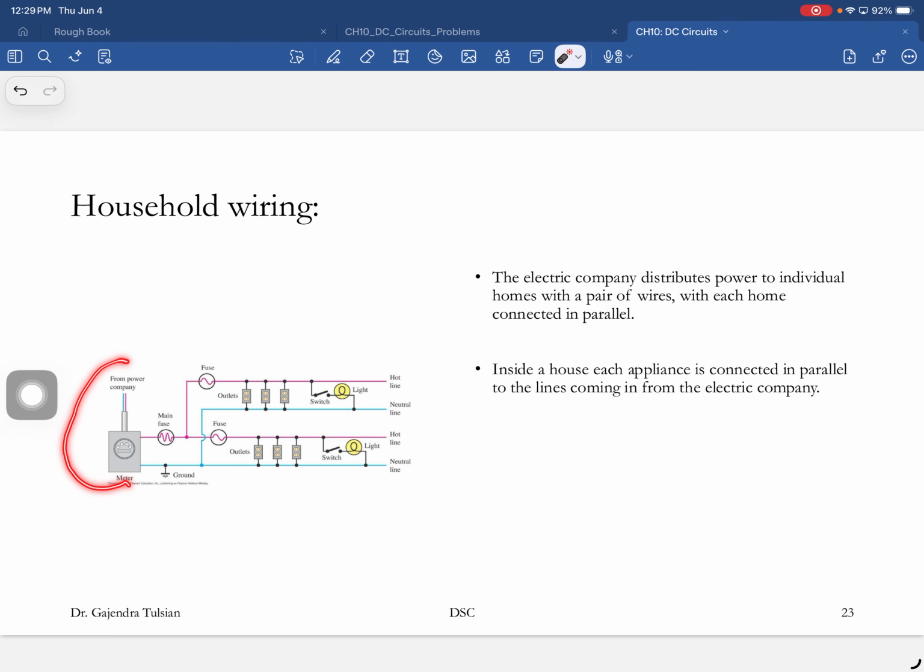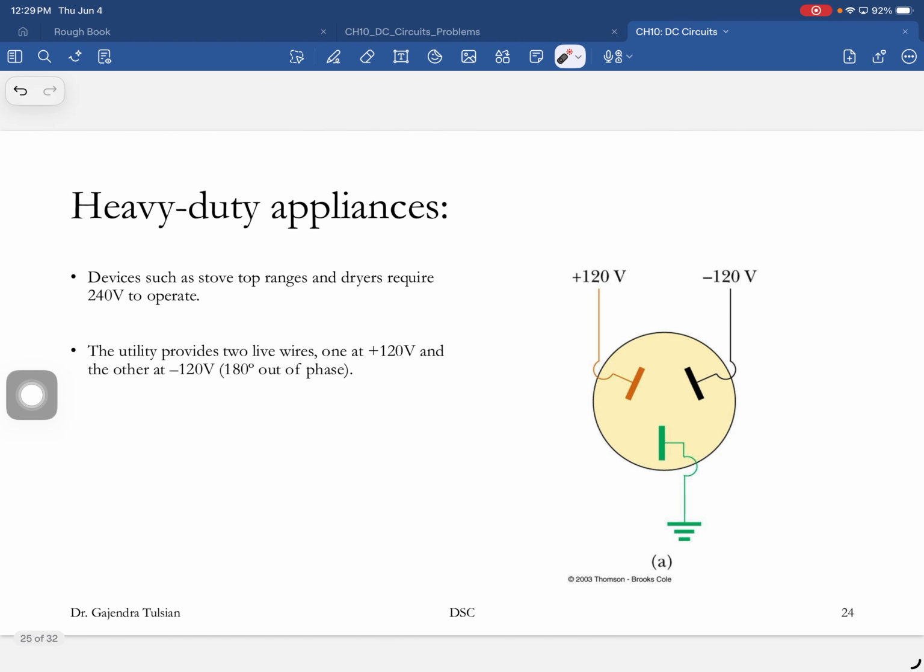Okay, so you're getting a live line and a ground wire from the power company, and there'll be a fuse. Each appliance is connected in parallel, and houses are connected in parallel as well. For your heavy duty appliances, you have 2 live wires, and they're 180 degrees out of phase.